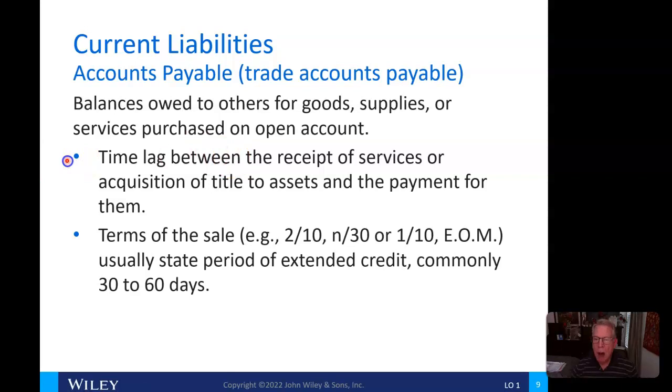There is a time lag between the receipt of the services or the acquisition of the title to the assets and the payment for them. Sometimes we have terms for those sales, such as 2/10 net 30 or 1/10 end of month. They usually state the period of extended credit, commonly 30 to 60 days.